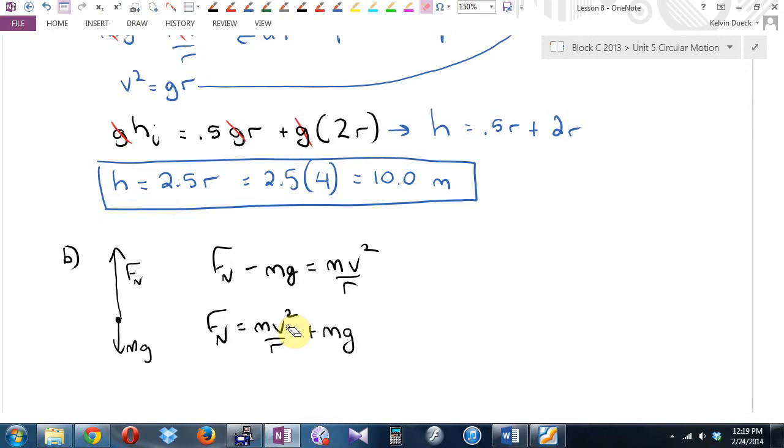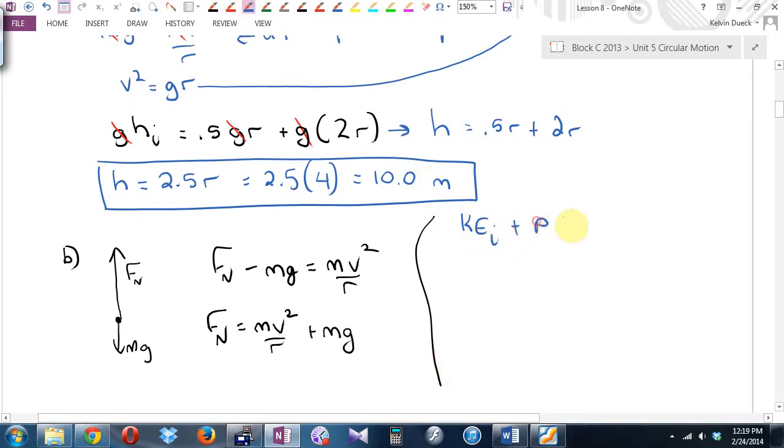Conservation of energy, you say? Hey, let's do that kind of off over here. We could say this. Kinetic initial plus potential initial equals kinetic final plus potential final. Initial kinetic is 0. This time, however, we can also say we're at the bottom.